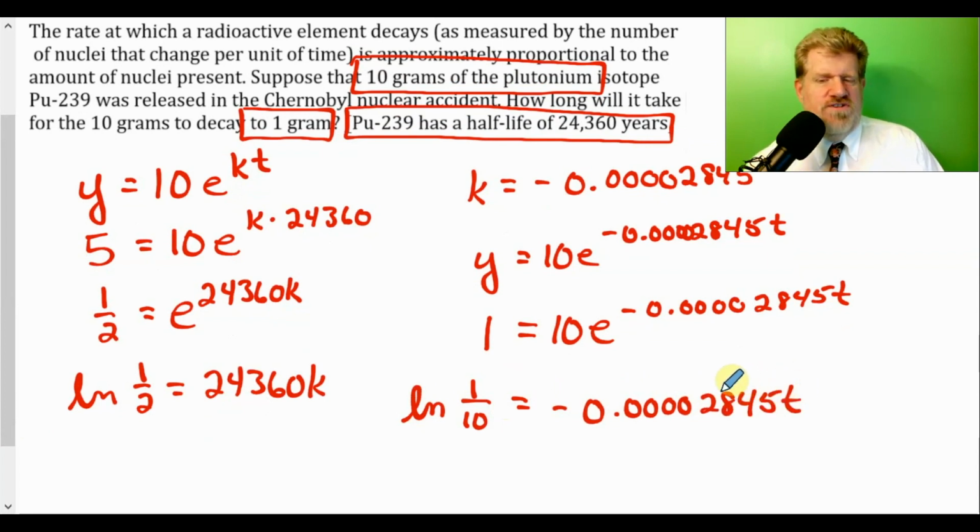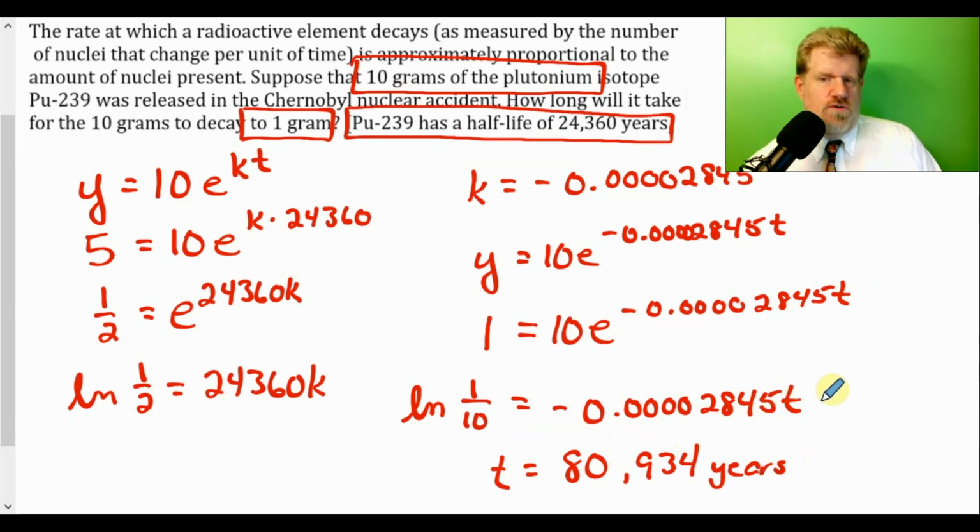Sorry, I skipped a couple steps there, but I divided by 10, and then I did a natural log, that was the inverse of e. So natural log of 1/10 equals this. So my t value, once I take the natural log of 1/10 and divide it by this number, would be approximately 80,934 years.